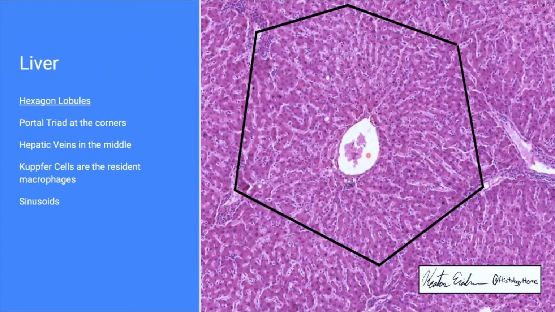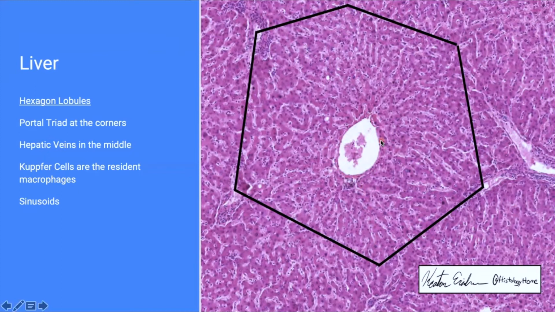So just to repeat, we have branches of our portal triad vessels found at the corners of our hepatic lobules. In the middle, we have a central hepatic vein. We have sinusoids that are extending in between stacks of neighboring hepatocytes. Blood flow will go towards the hepatic vein here.